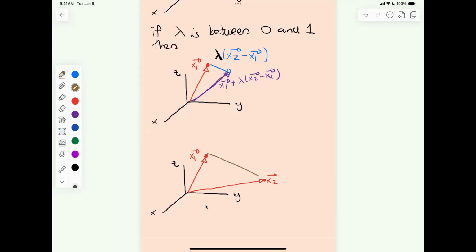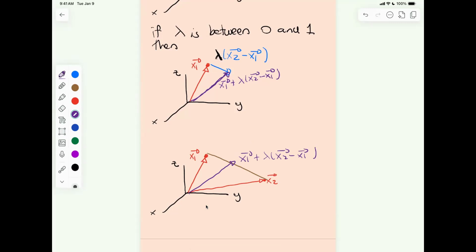And this vector, x1 plus lambda times (x2 minus x1), is always somewhere on that segment.